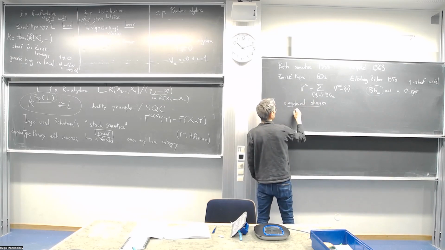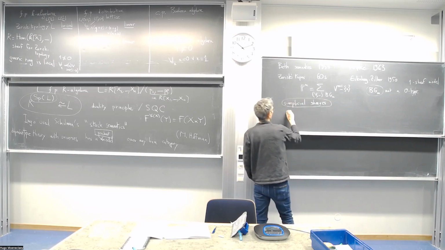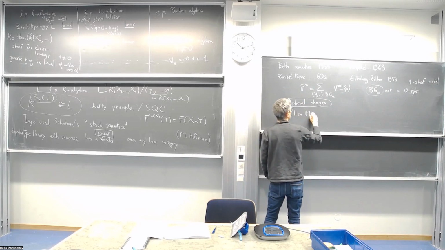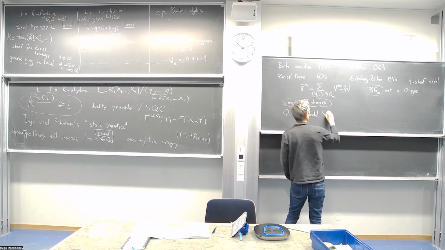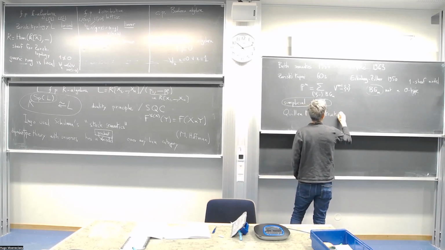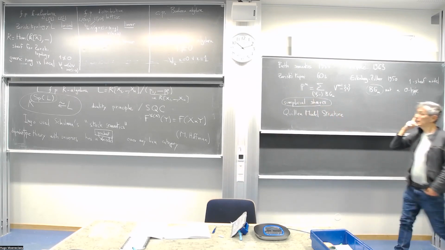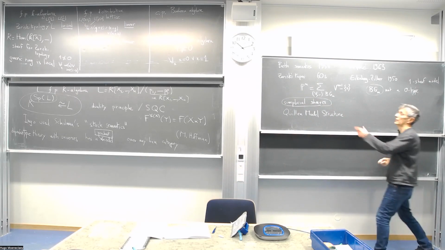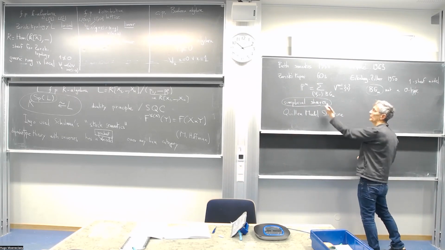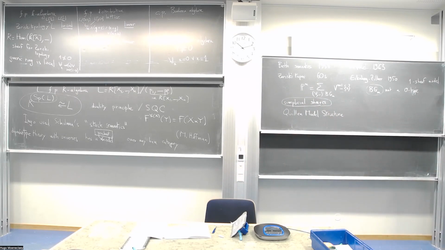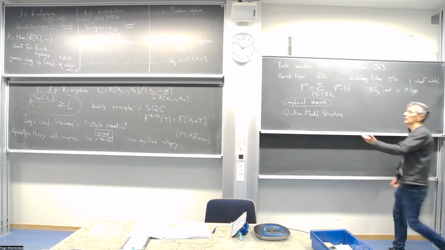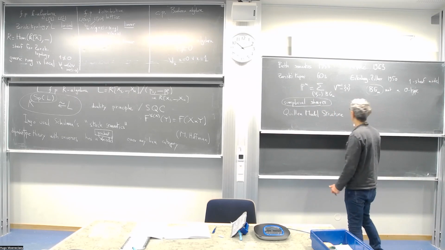In order to use this notion, people have built model structure on this, and it's really important to be able to have a Quillen model structure on simplicial sets. And what I want to say is that the problem is that this was done using classical logic.